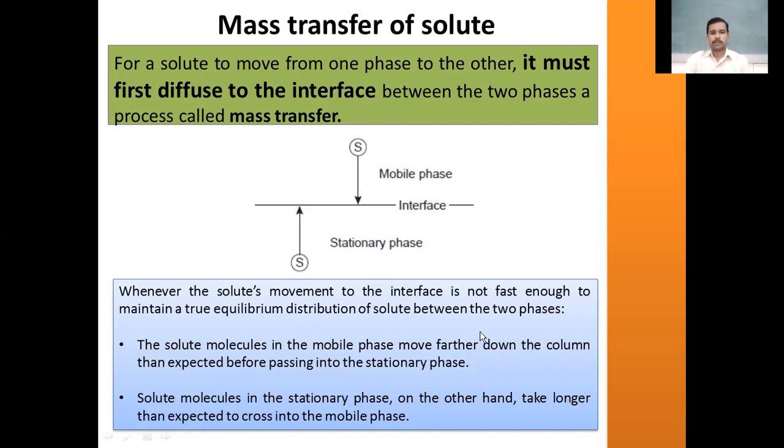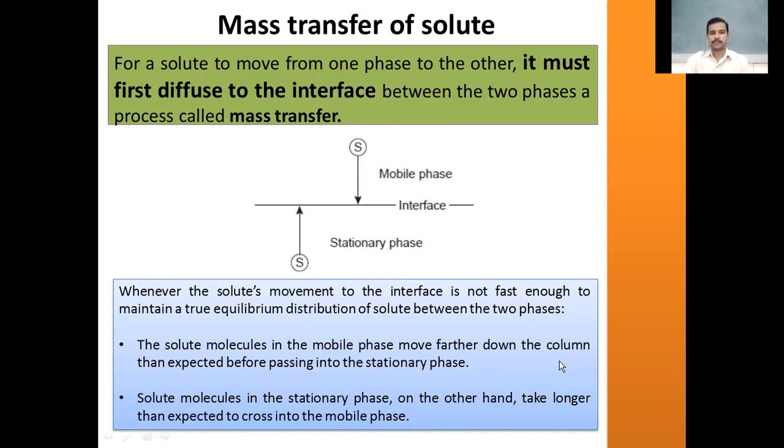Whenever the solute's movement to the interface is not fast enough, either from the stationary phase or from the mobile phase, it is not fast enough to maintain the true equilibrium distribution as we wish the solute molecule to undergo partitioning between the stationary phase and mobile phase. The solute molecules in the mobile phase will move farther down the column.